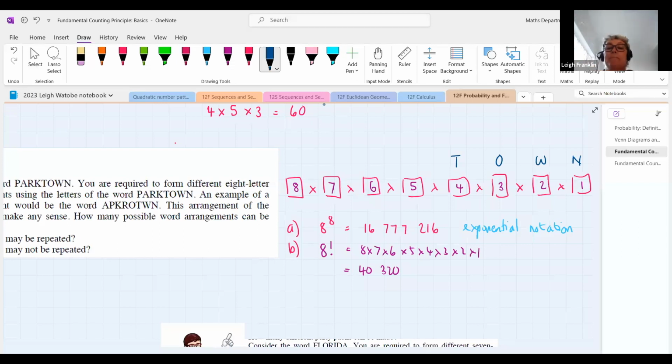Is that what you're saying? And then the first 4 letters could be muddled up. Okay. Are we allowing repetition with the first 4 letters or not? Does it have to be P and then A and then, or either a P or an A or a R or a K? So which is it, Nhlanhla?